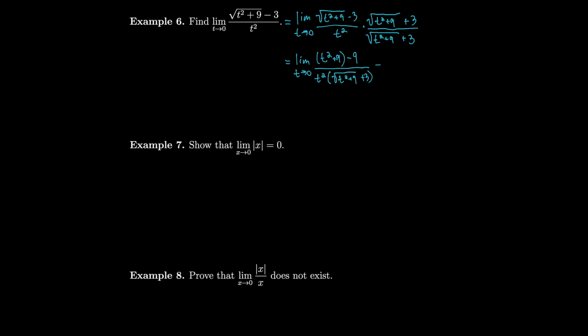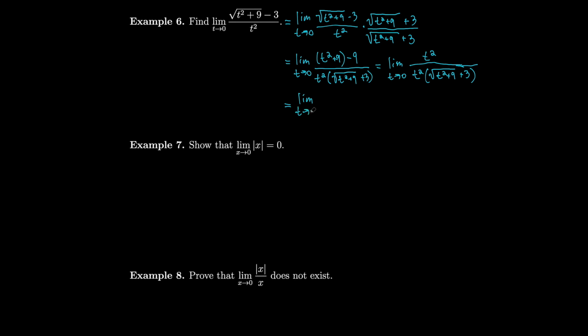I'm not going to bother multiplying it out yet because I'm hoping that I can cancel out t squared, right? Because look, if we have this plus 9 minus 9, that's just t squared.